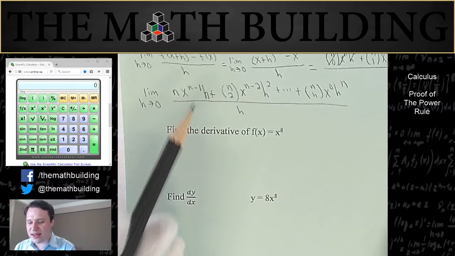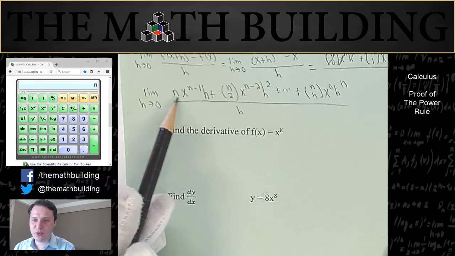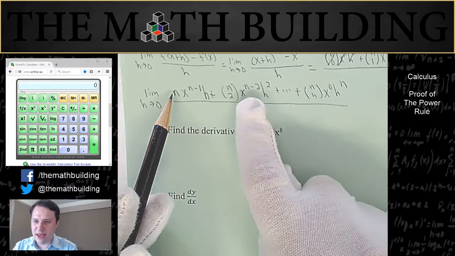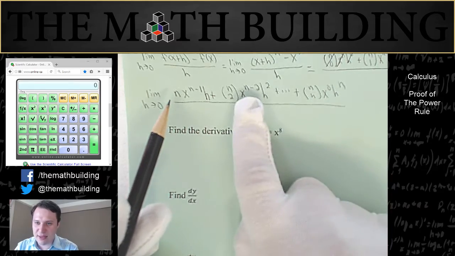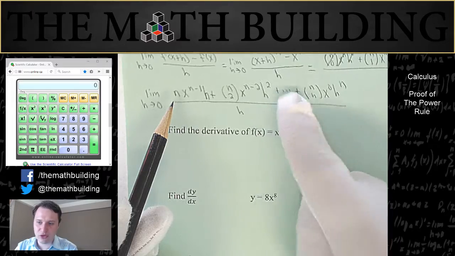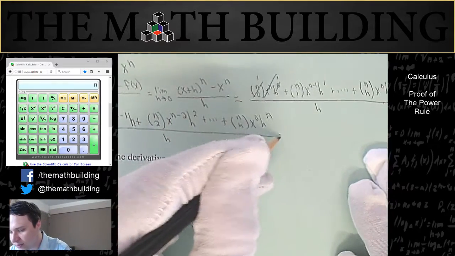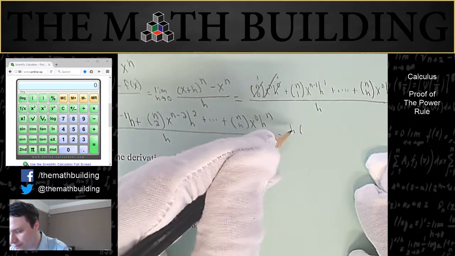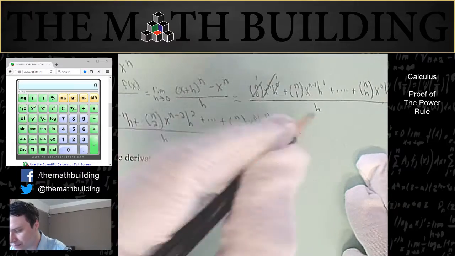Basically what's going to happen is, if I factor out an h, the first term would not have an h anymore, but everything after that is going to have an h of some power: a power of 1, the next one 2, 3, up to h to the n minus 1 after I factor out that h. So that's what I'm going to do now. I'm going to factor out the h, and we're still taking the limit as h goes to 0.